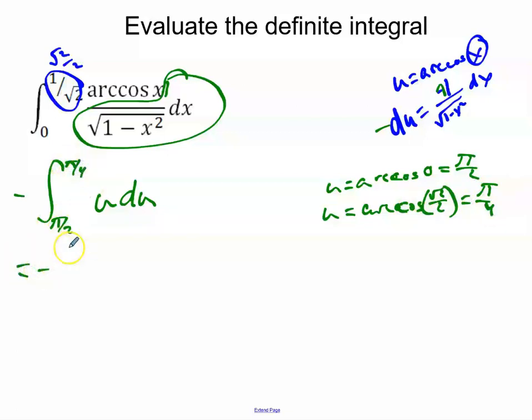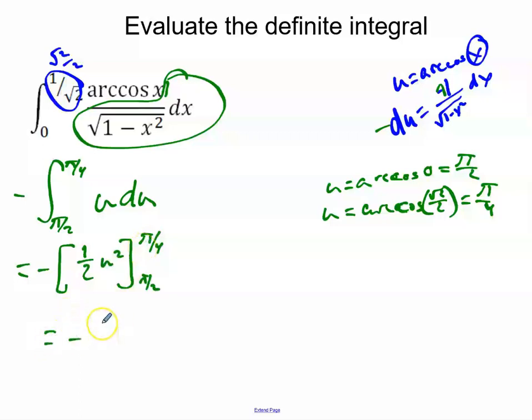So now I need to do my integration. The integral of u is 1/2 u squared, and I'm going to have to evaluate it between pi over 2 and pi over 4.